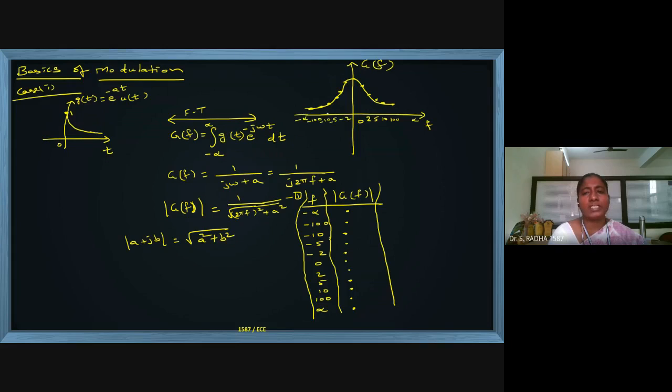The x-axis is frequency, and these dots are the y-axis values which I put in the tabular column also. This is a rough diagram. All this you have studied in the Fourier transform in mathematics. This is called the magnitude response.